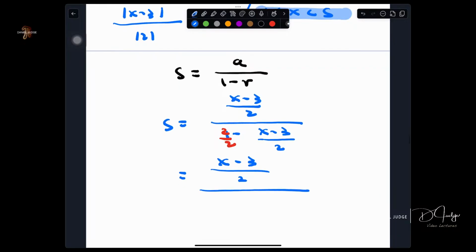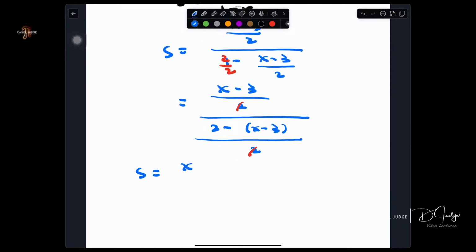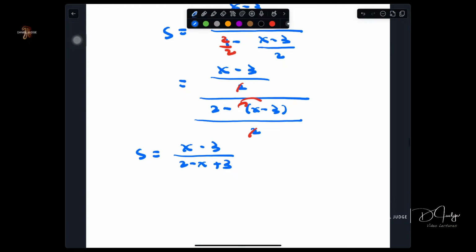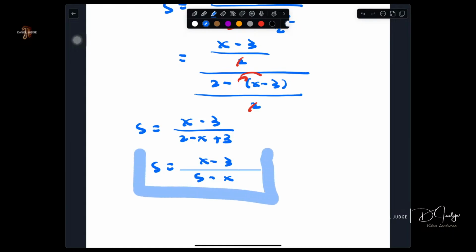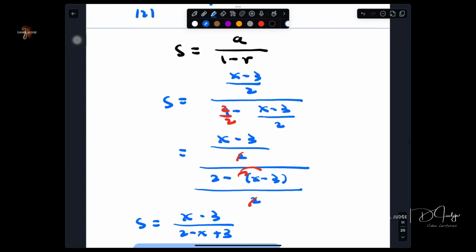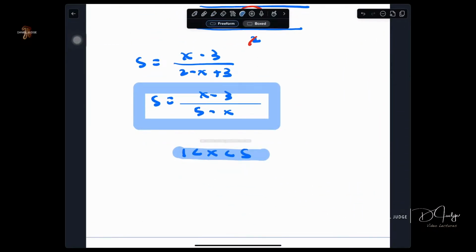X minus 3 over 2 over 2 minus x minus 3, everything over 2. The 2's cancel. The sum is x minus 3 over 2 minus x plus 3, because we're going to distribute that negative sign. So your sum will be x minus 3 over 5 minus x. So we're going to get convergence to this particular sum depending on the values of x, where x needs to be between 1 and 5.